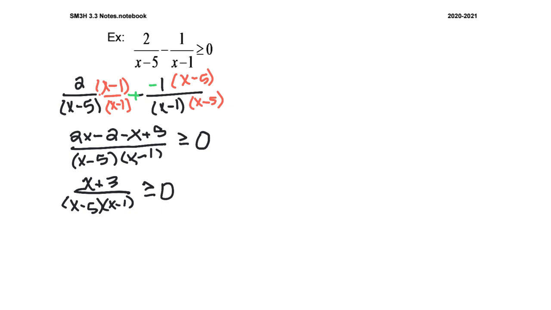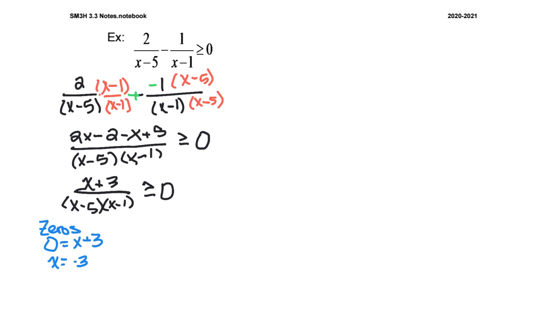So I'm going to find my critical values. The zeros are where you set your function equal to 0, but then you multiply both sides by the denominator. You get x plus 3 over 1, and on the other side, you multiplied it by 0, so the denominator just turns to 0. So our shortcut is to set the numerator equal to 0. 0 equals x plus 3, so my zero is x equals negative 3.